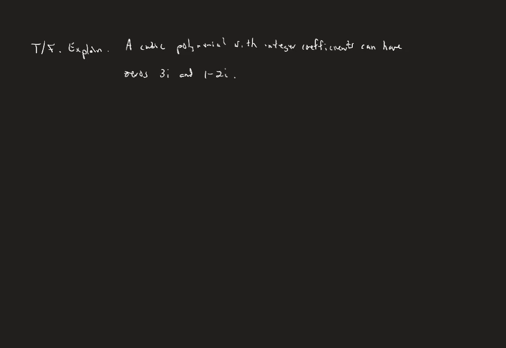Now, at first glance, you may say, well, the fundamental theorem says that a cubic polynomial, which means degree 3, can have 3 zeros. So surely 3i and 1 minus 2i could be 2 of the 3 zeros.